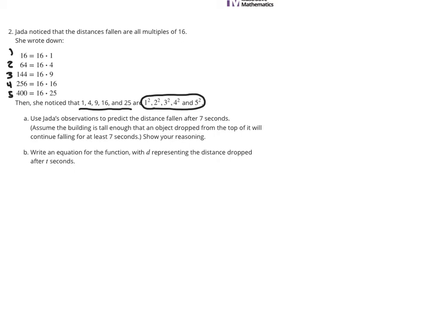So use Jada's observation to predict the distance fallen after 7 seconds. Well, 7 seconds would be 16 times 7 squared. 7 squared is 49. I do not know what 16 times 49 is. 784. Again, the rock can only fall 500 feet.